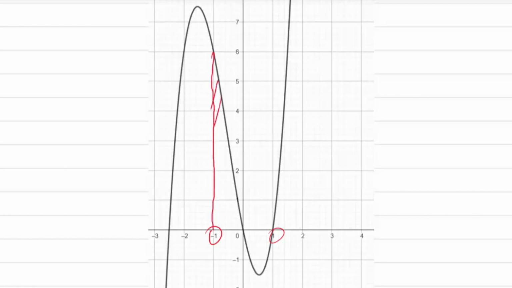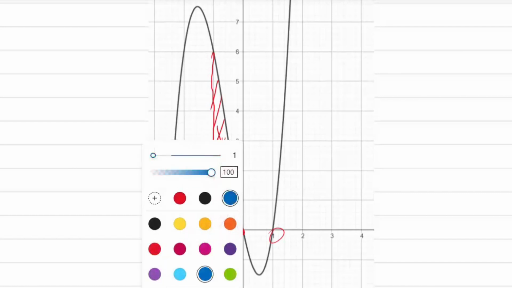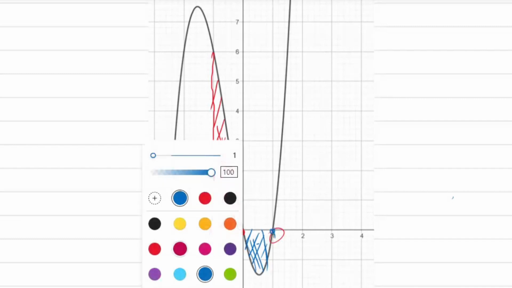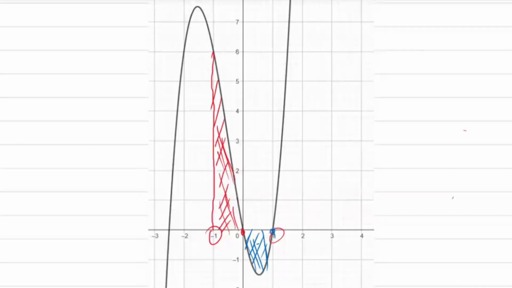But you notice that this part is above, because this is very crucial. So this part is above the x-axis, right? And then when we take a look, we're realizing that this other part here is beneath the x-axis at 1. Now, if we actually do this in one go, what happens is this negative part that is under here will be subtracted from the area here, and that's not what we want.